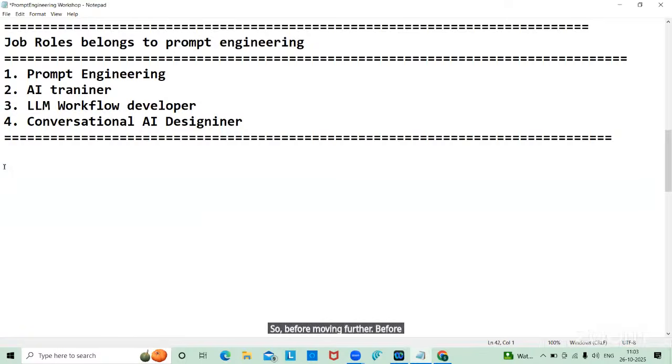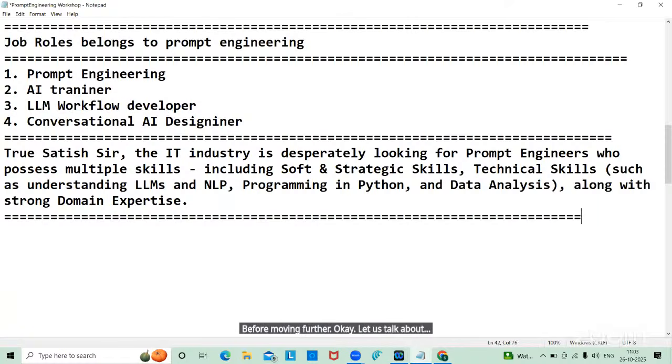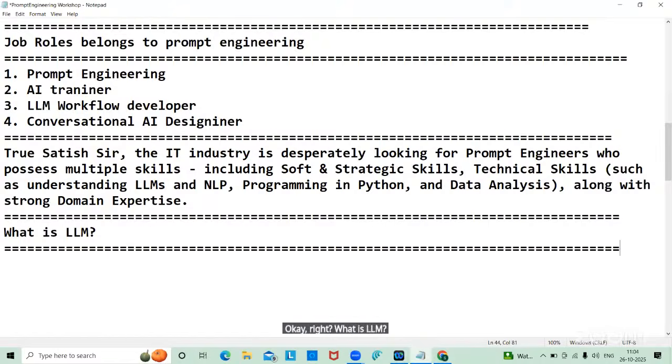Before moving further, because you people are new, let us talk about what is LLM. First of all, you should know this. What is LLM?